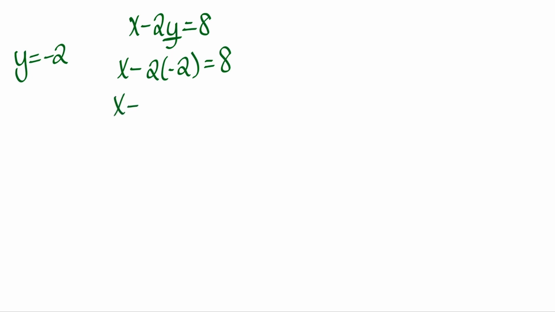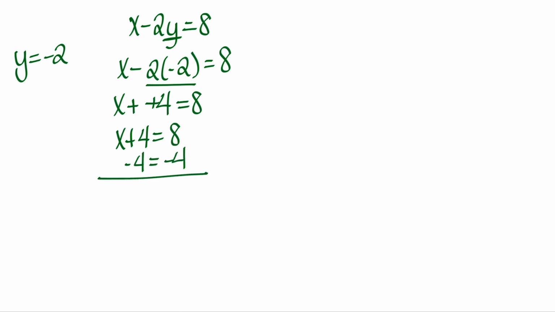So 2 times negative 2 is negative 4. Minus negative will become plus, so I have x plus 4 equals 8. To solve this equation for x, I'm going to go ahead and subtract 4 from both sides. So I have x equals 8 minus 4, which is 4. So my solution to my system is going to be 4, negative 2.